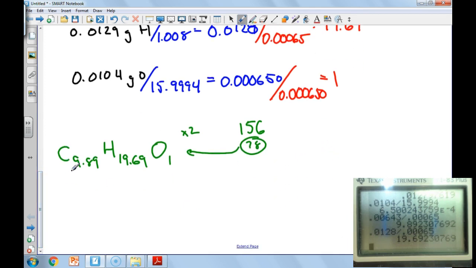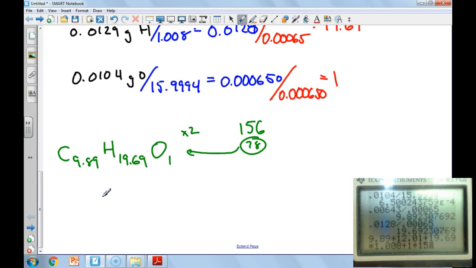So I'm going to find the molar mass as if this is what we have. Okay, so I'm going to go carbon. I have 9.89 of them times 12, the molar mass, plus 19.69 hydrogens times its molar mass, plus 1 oxygen times its molar mass.